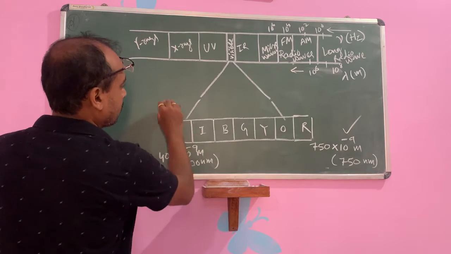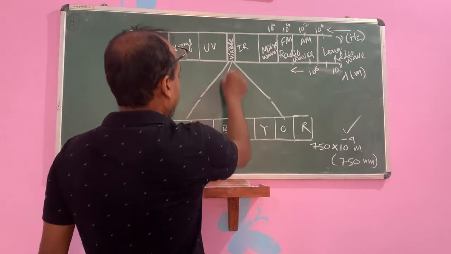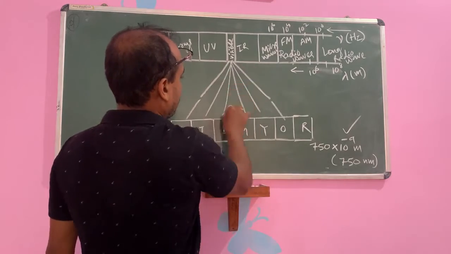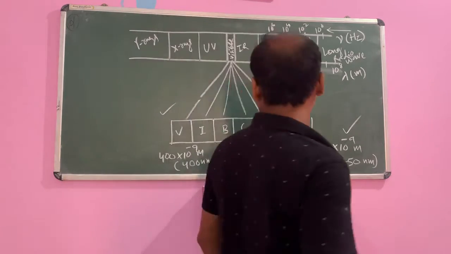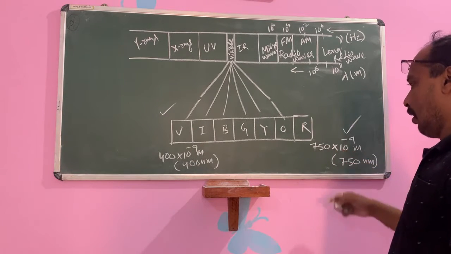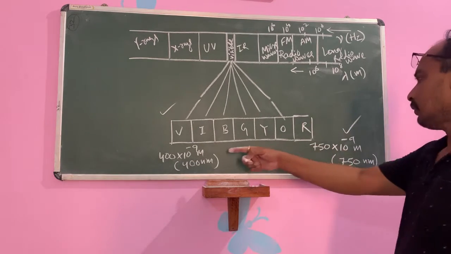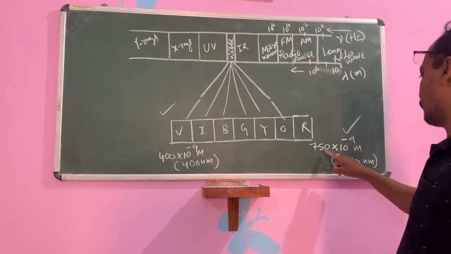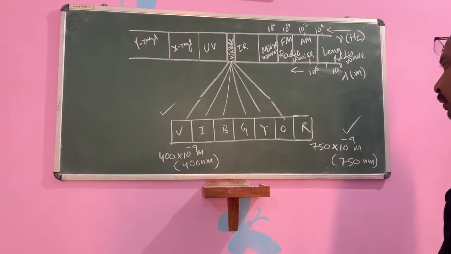You have to remember, this is also related to physics, in second year physics. Electromagnetic spectrum, VIBGYOR. You see the wavelength, children. Wavelength is decreasing, 750 to 400.